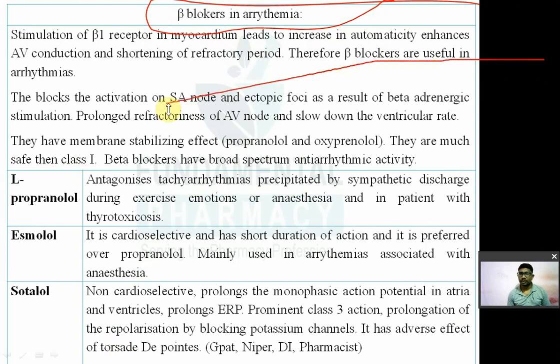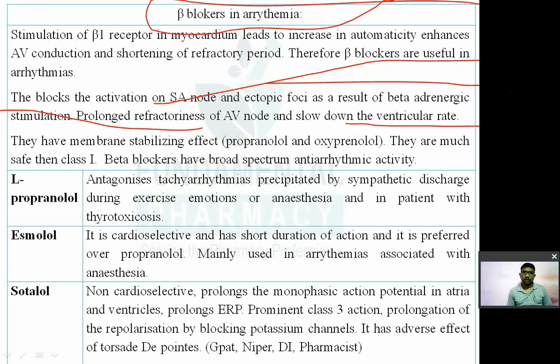Therefore, beta blockers are used in arrhythmia. They block the activation of the SA node, and obviously, because of blockage of activation of the SA node, the ectopic focus will also be blocked. Beta adrenergic stimulation shortens the refractoriness. Again, some beta blockers also have a membrane stabilizing effect, for example propranolol and oxprenolol.